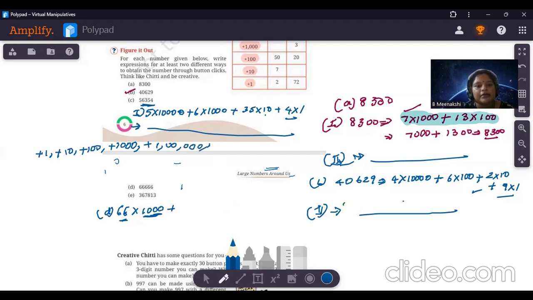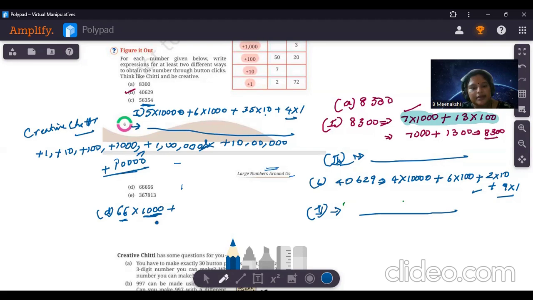We can use anything. In this Creative Chitti's calculator, whichever way you want to get 66,660, you can get.